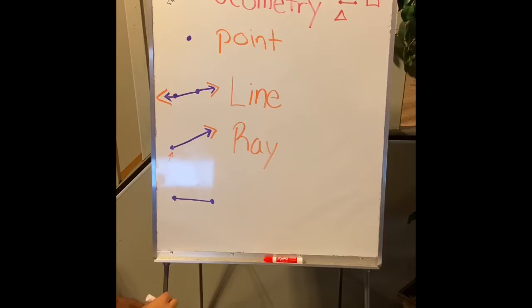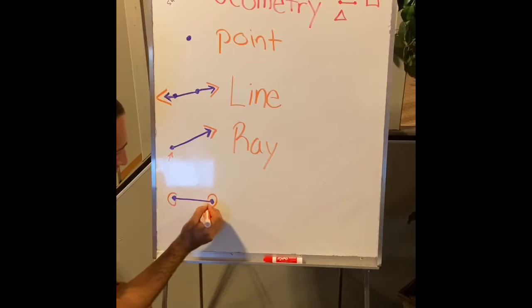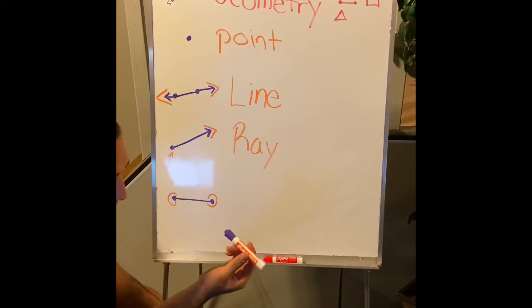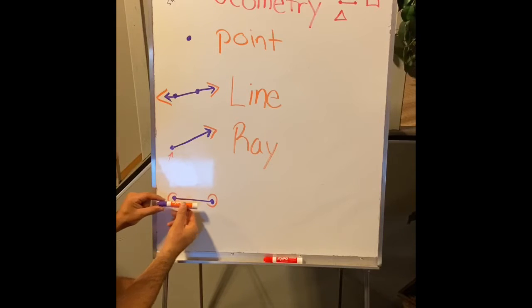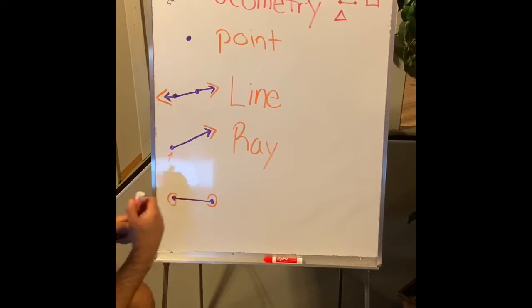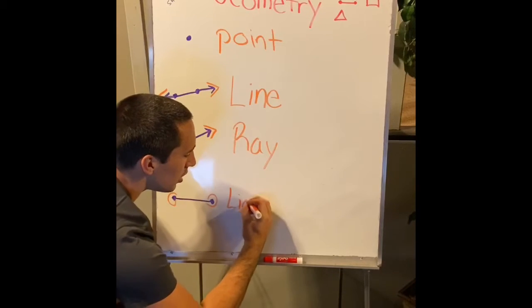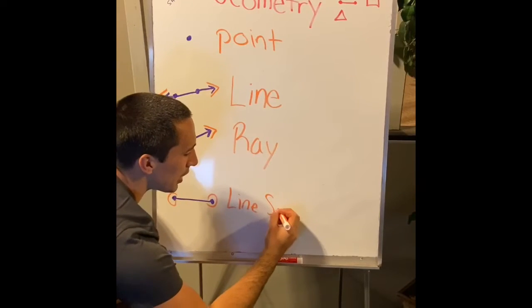Next one, our last one for right now, is a line that has 2 endpoints. This marker could be an example. It has an endpoint at the cap and an endpoint at the back of it. This is called a line segment.